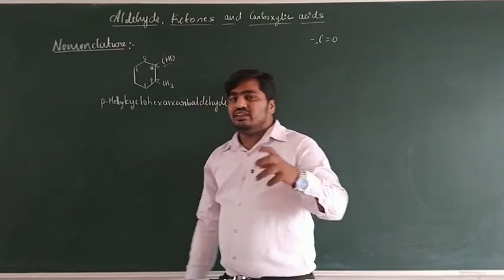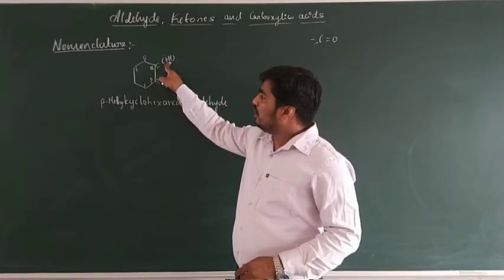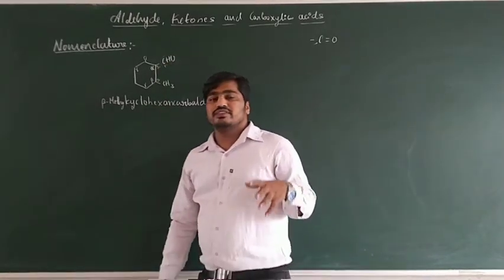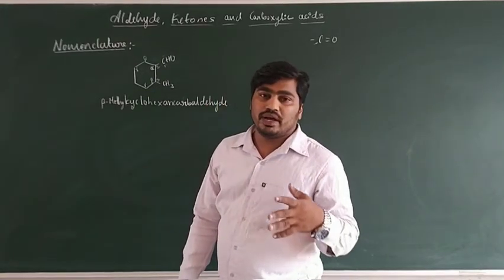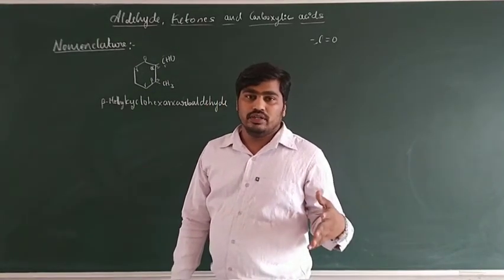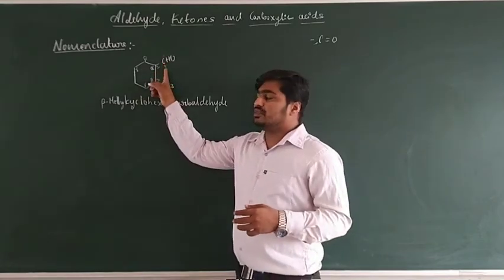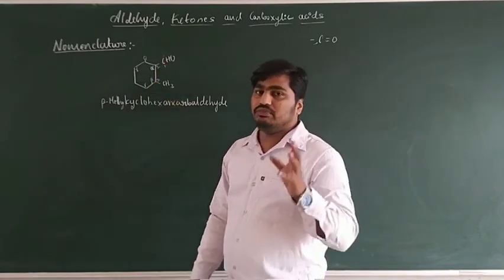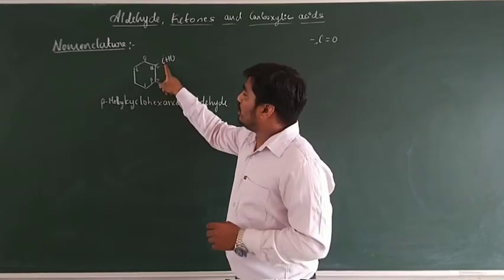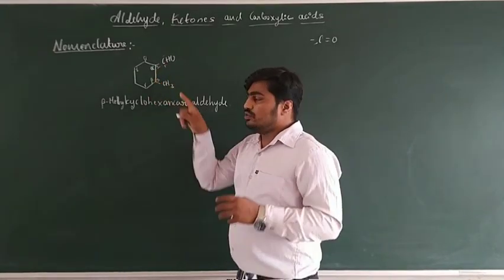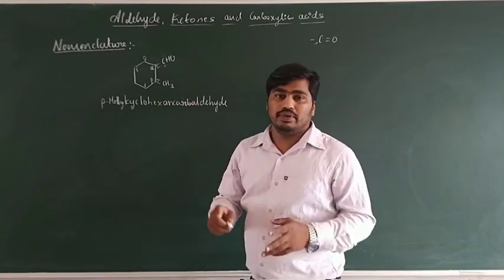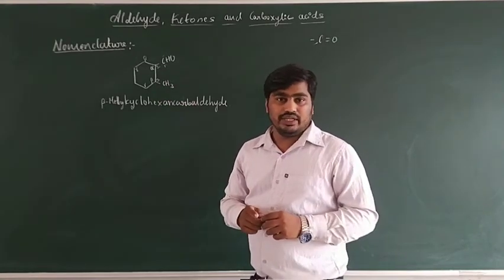Why is this carbon the first carbon? Because according to the IUPAC system, the functional group carbon should get the least number. So start from that carbon: 1, 2, 3. This is the way of numbering the carbons in the case of aldehydes.